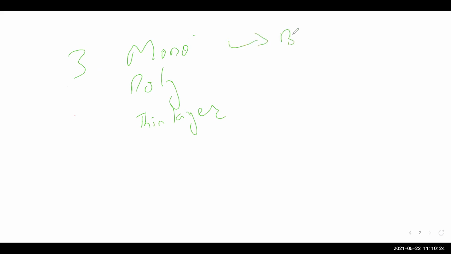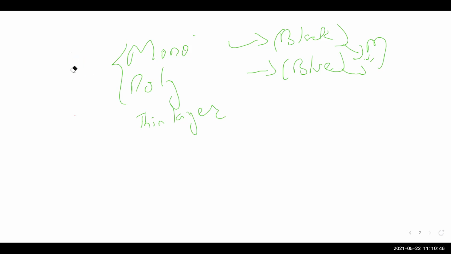Monocrystalline is of black color. These are a bit expensive, but the efficiency is quite high. Polycrystalline would be of blue color. Its efficiency is less in comparison to monocrystalline. Both functionalities are the same, only the process differs.